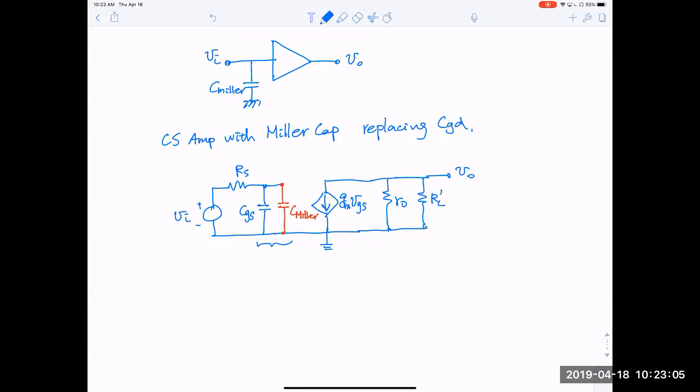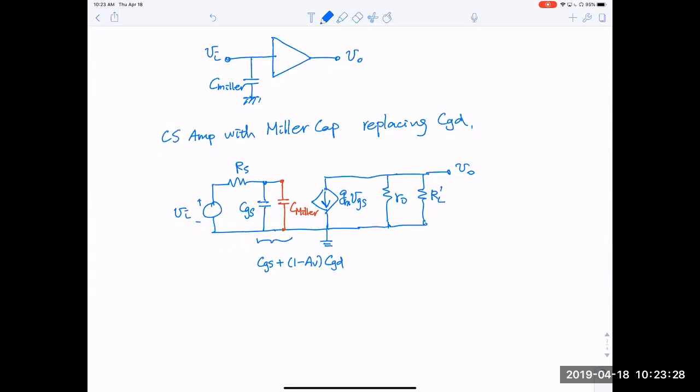So you can replace this with one single capacitance, CGS plus, I substitute the Miller capacitance, 1 minus AV times CGD. So that's just one capacitance. And if there's no load capacitance involved, you can see this is a single pole response, right? So the frequency response is trivial.